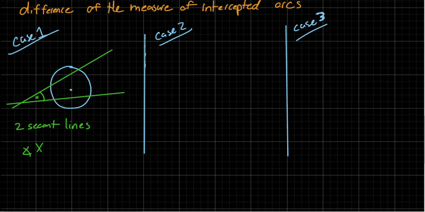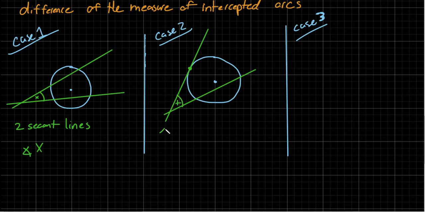Okay, next one. Vincent, you're the only one that drew the second case. No, you drew case 3, I think. Okay, we're going to take a secant line. And then, Vincent, what other type of line did you draw? Yep, and you drew 1 tangent line. Like so. And that met right there, and it made an angle right there.